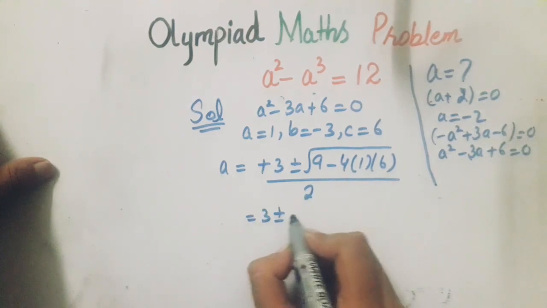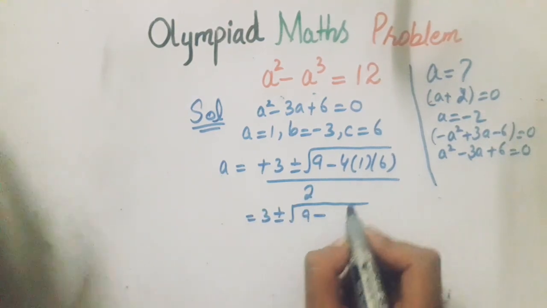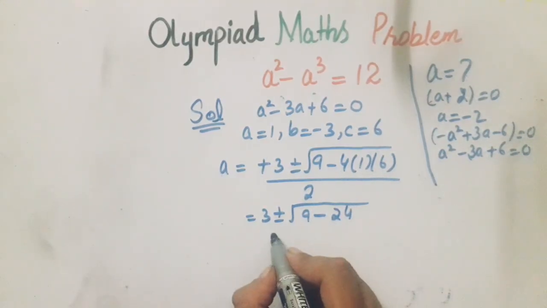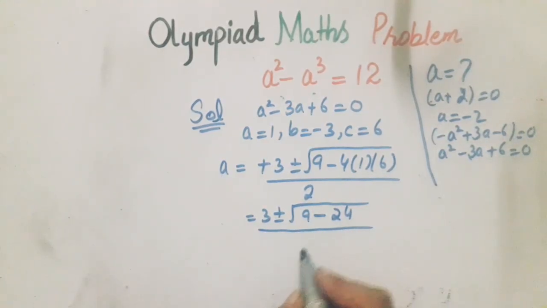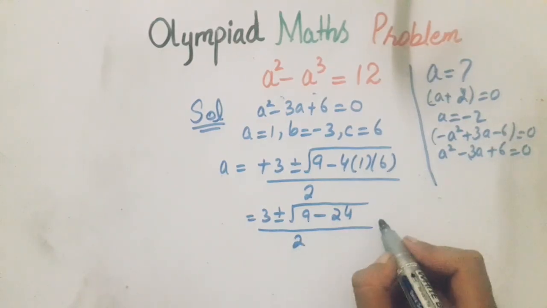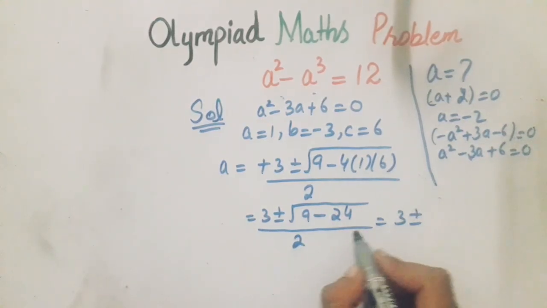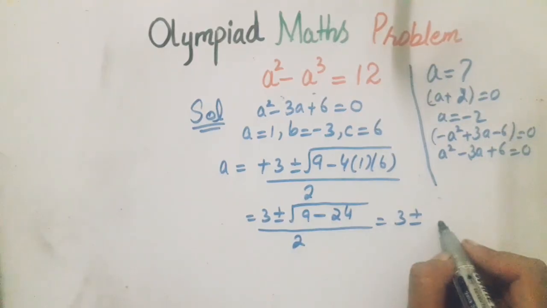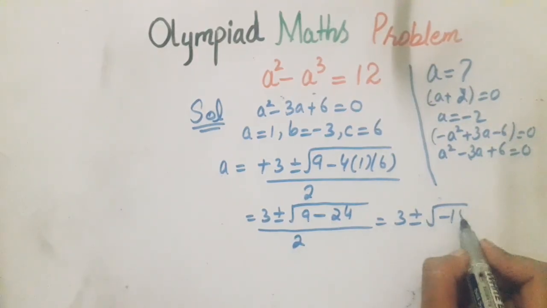So 3 plus minus square root of 9 minus 6 fours are 24. So this is 3 plus minus square root of 9 minus 24. It will be minus 15.